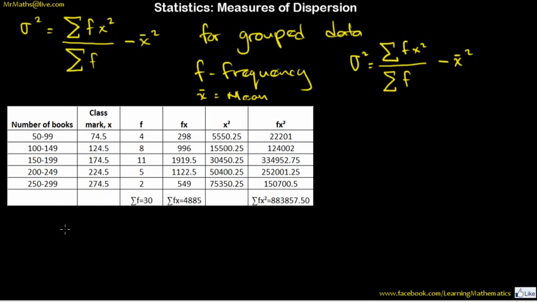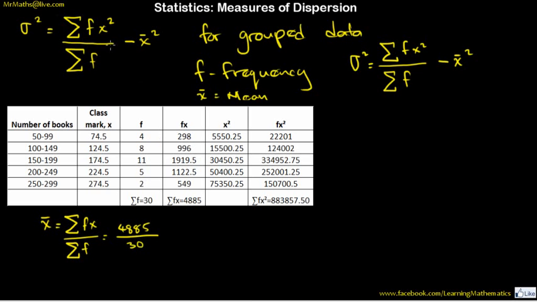That is not settled yet. x bar is basically, no, this is the formula for x bar: summation of fx divided by summation of f. So this is 4885 over 30.